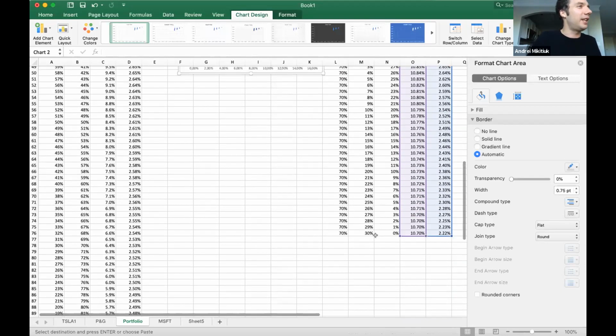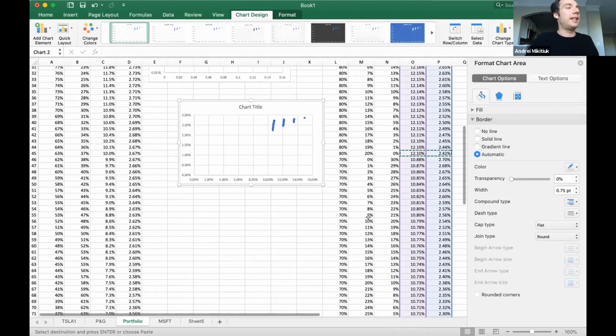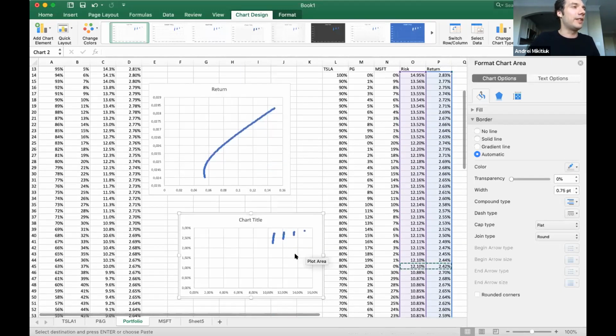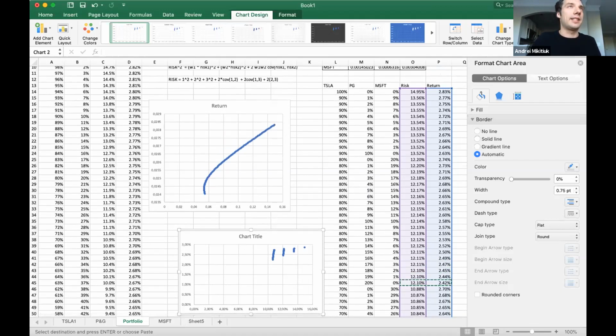So if somebody is interested in getting it, but now you see why doing that in Excel with more than two stocks is a fairly difficult exercise. That's basically why people are not doing that in Excel.